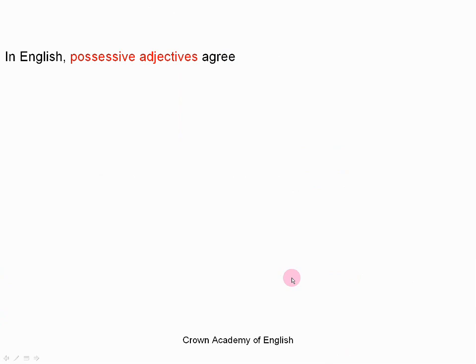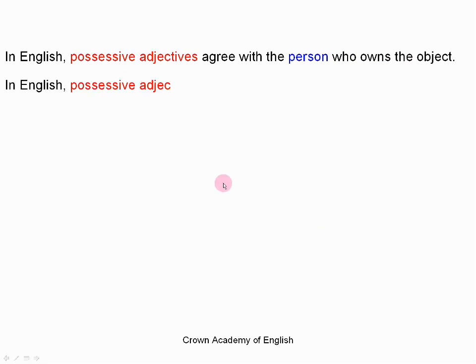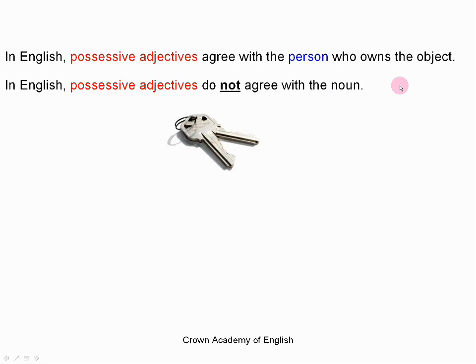Now, in English, possessive adjectives, they agree with the person who owns the object. And so that means in English, possessive adjectives do not agree with the noun. Example. Situation. An example is Jane has some keys and I lost the keys.